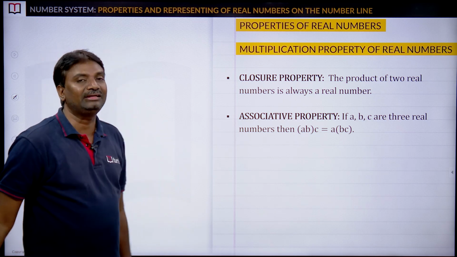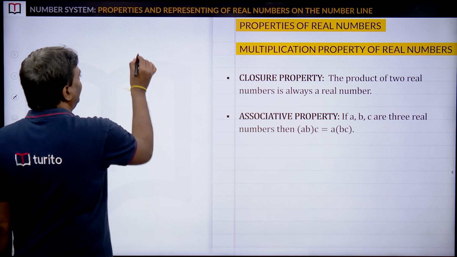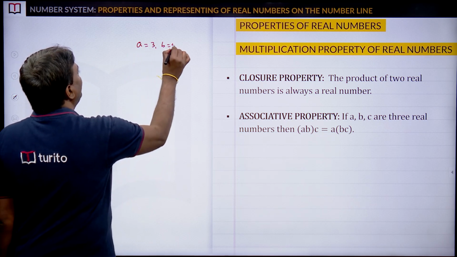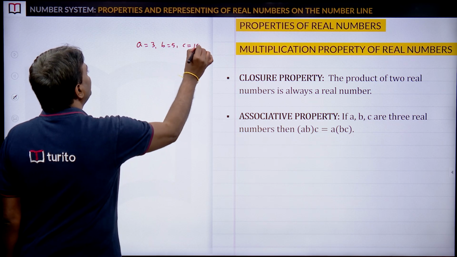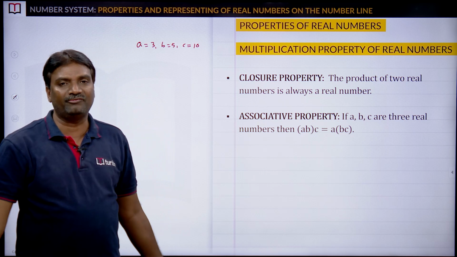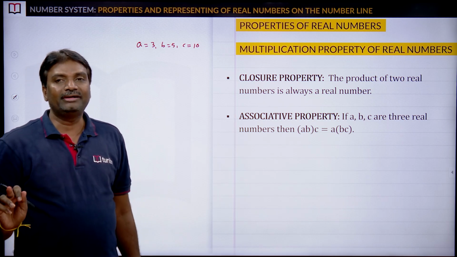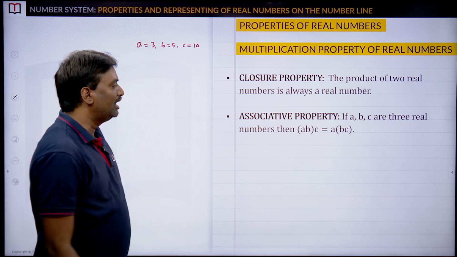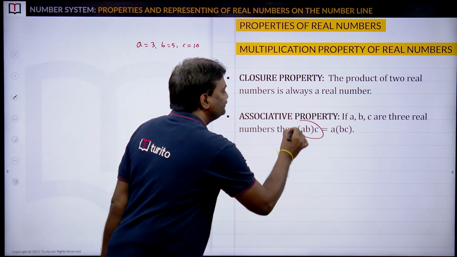You may take the three real numbers A, B, C as you wish. Suppose A equal to 3, B equal to 5, C equal to 10. Where are we taking those numbers? I want to take different ones, as you wish. As I already told you, you can take the three real numbers as you wish. There is no restriction.